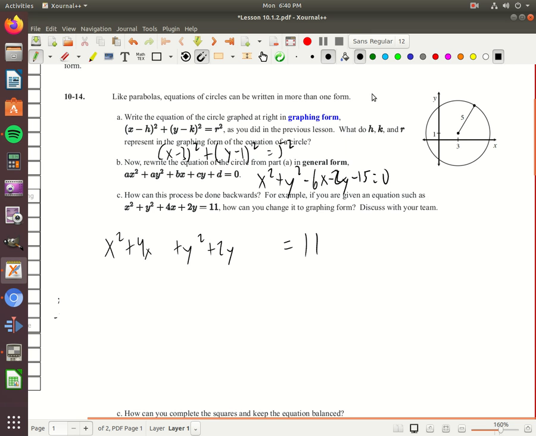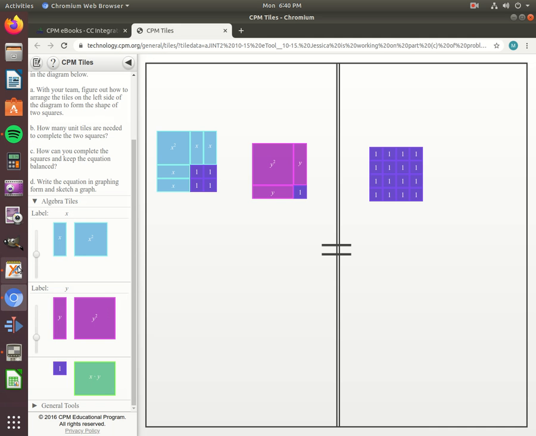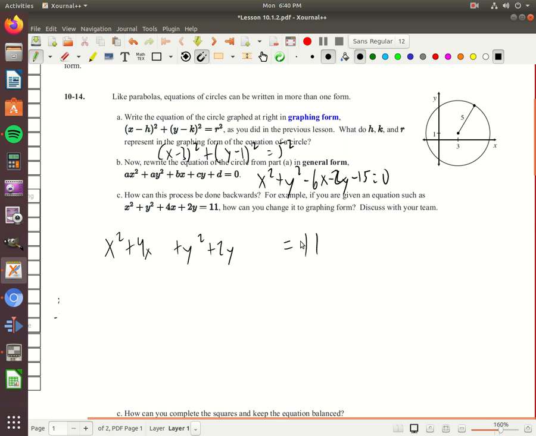And again, this is what we just did with the algebra tiles. I just want you to see what this looks like mathematically. So I know that I'm going to take half of b, squared. Half of b, squared is going to be the perfect number here, right?